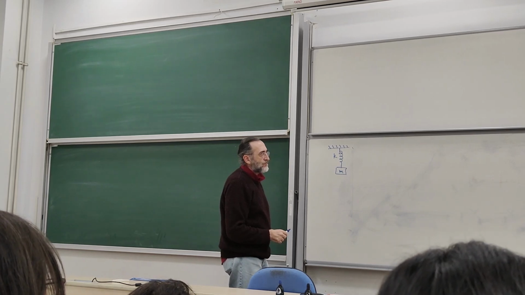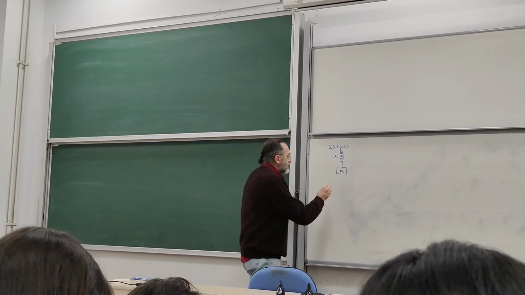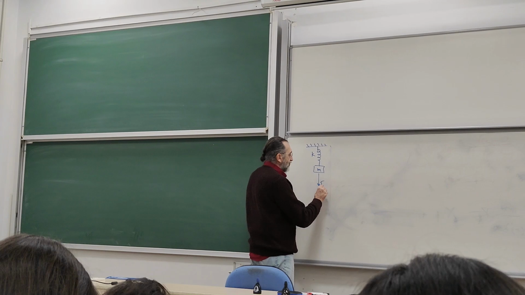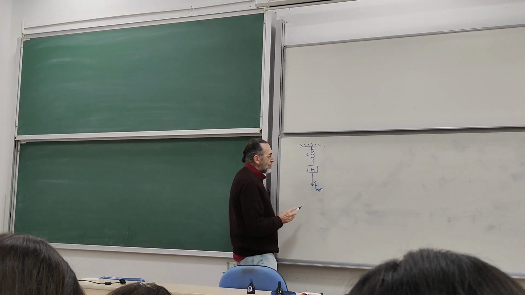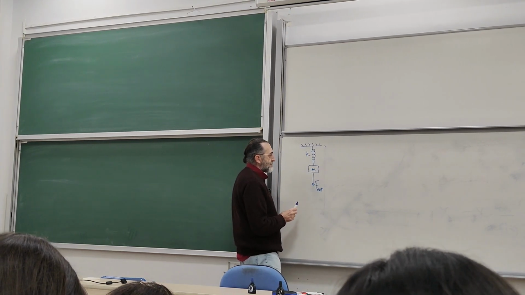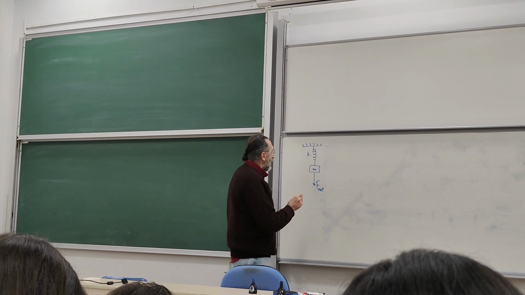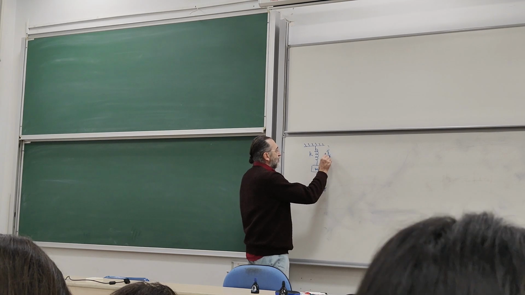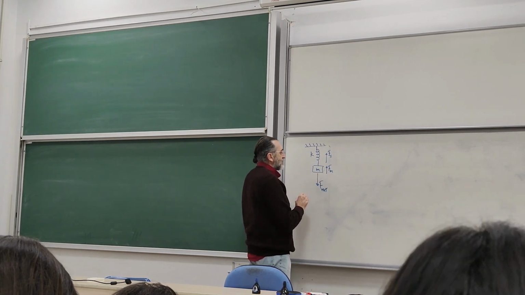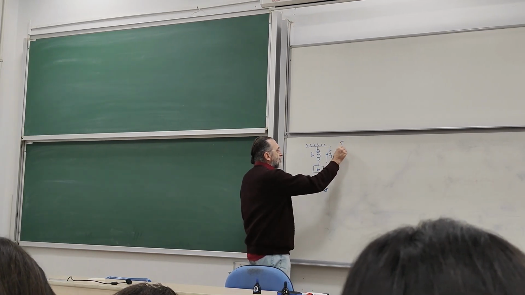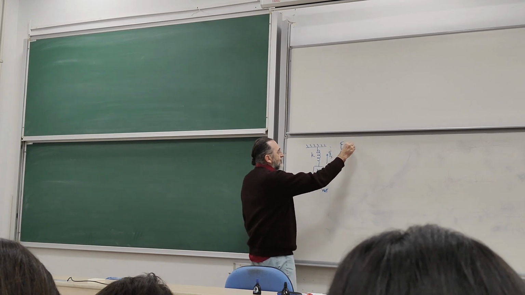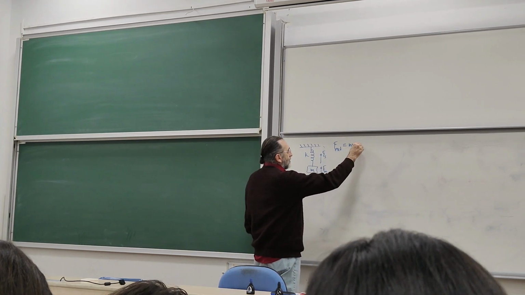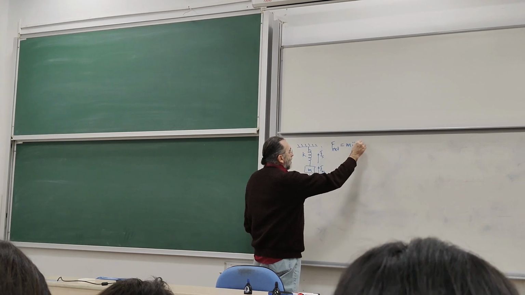So when we apply a force to it, there are two resistive forces, the force in the spring, the force in the mass. So the extension becomes equal to m x dot dot plus d x dot.